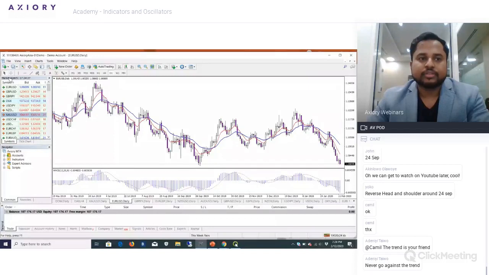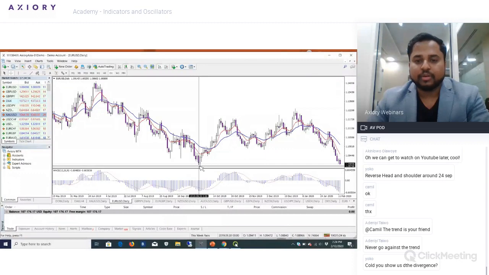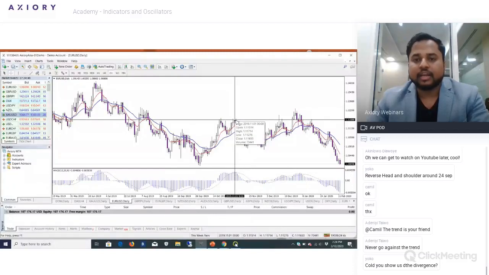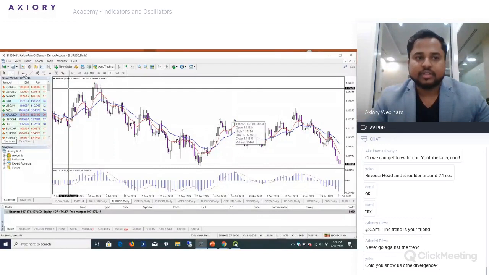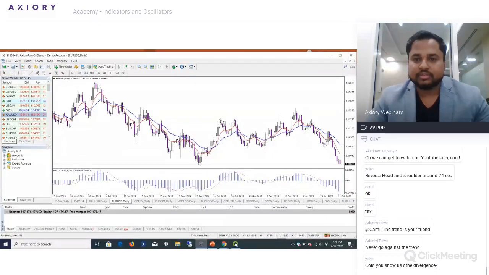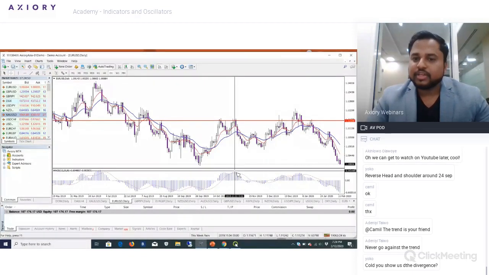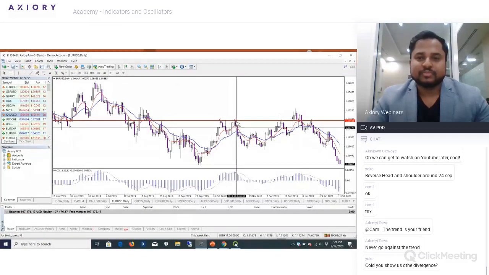So you can see here the peak and the candle bottom. The price moves. Then you see here this high and the candle high. We have discussed in the last class what this is. This is a resistance, right? In a resistance, you got an MACD high also.